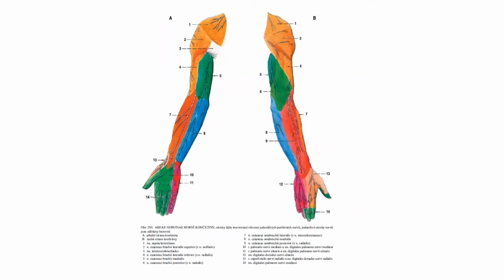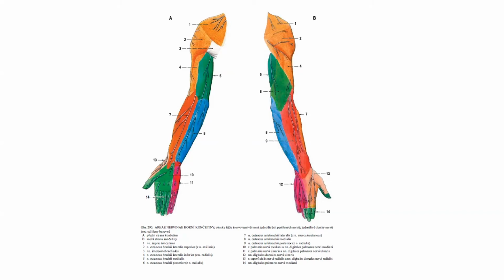And here in this picture, what we didn't say about is the sensitive innervation of the upper limb, the area that is innervated by the branches of each peripheral nerve.